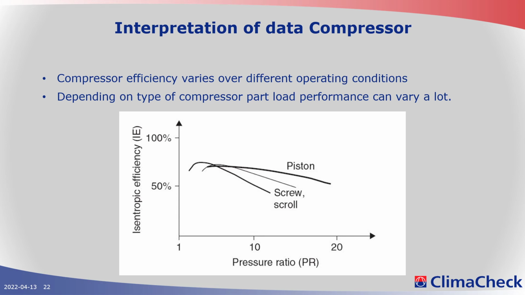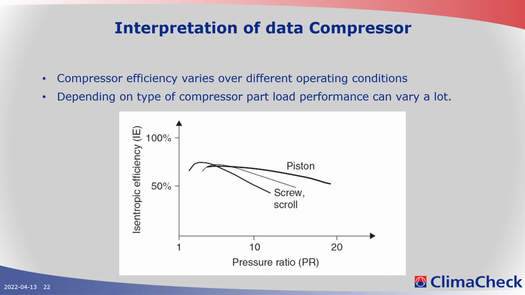So compressor efficiencies, the peak performance is fairly close for most compressors today. They are 70, 72, 73 maybe for the best. So peak performance around 70 is very, very common. But then they, of course, lose efficiency when you move the operating conditions away from the design conditions. And in general, you can say that screw compressors and scroll compressors are built for a certain pressure ratio.